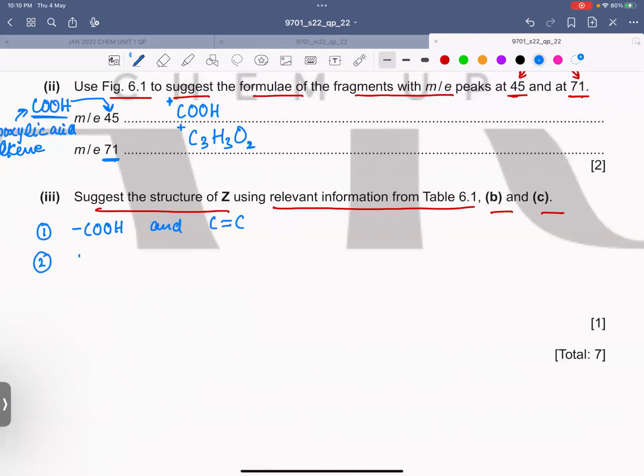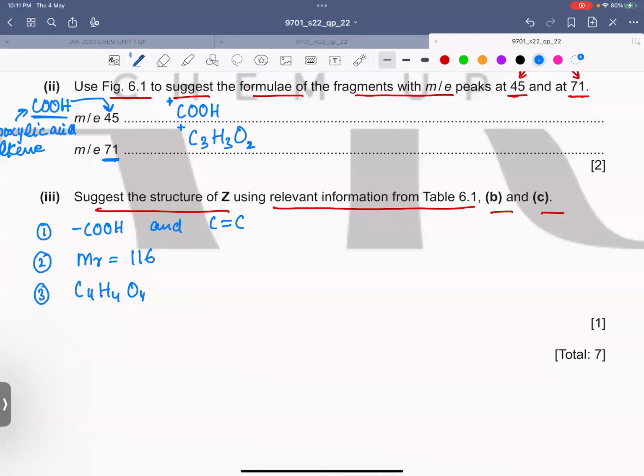Beside this, we got its Mr value, which is equal to 116. Third, we got its molecular formula, which is C4H4O4. Is this understandable to everyone?